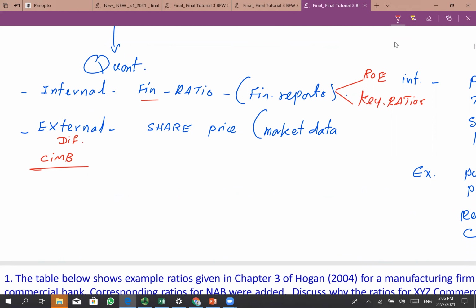And you have another corporation like IJM, which is a big construction company. Now look at the items. This is the balance sheet items.